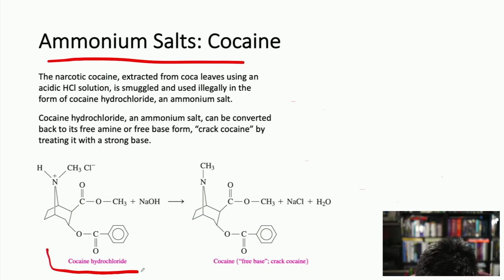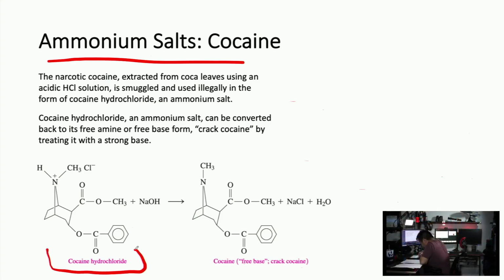Cocaine hydrochloride, right, is this right here, where it has the salt version, the ammonium salt version of the cocaine molecule. Because there's a positive charge right there, and there's a negative charge right there from the chloride, and that makes it ionic, so it's a salt version.